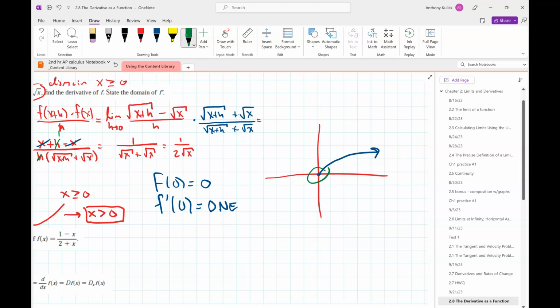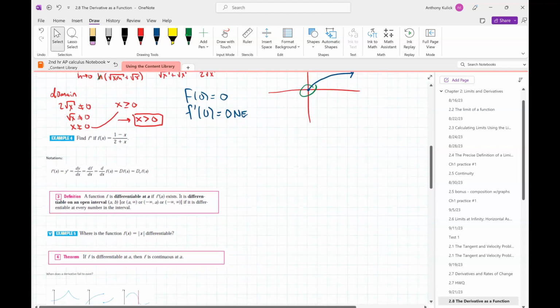That's why we don't get a derivative at 0, because we don't have full continuity there at 0. Oh, okay. So somehow continuity and differentiability are going to be related? Seems that way. Let's keep going and do some more examples here.